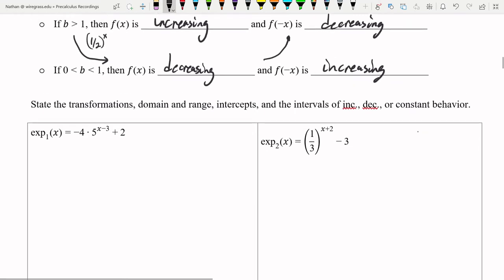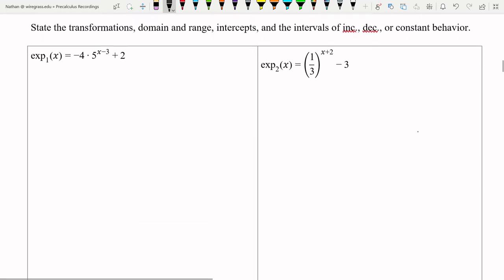Okay, so function transformations work the exact same way as we've been looking at. So this base function is 5 to the power of x. And we're looking for the domain, range, the transformations, intercepts, intervals of increasing, decreasing, and constant behavior. So this is the basic function, right?